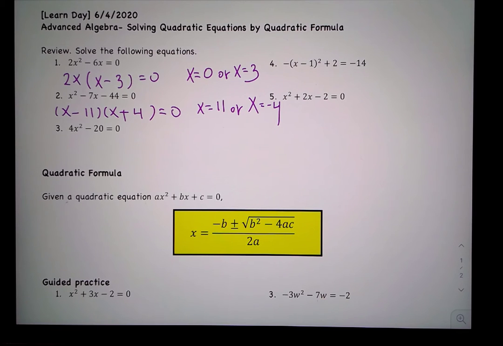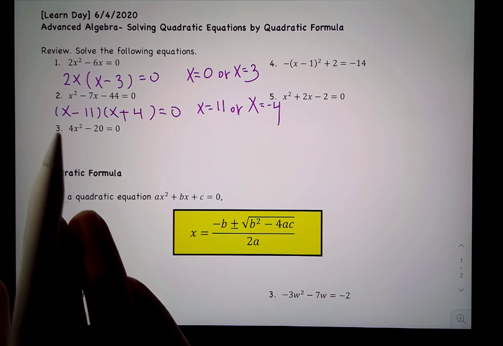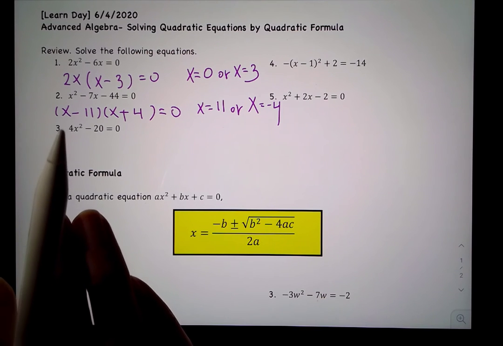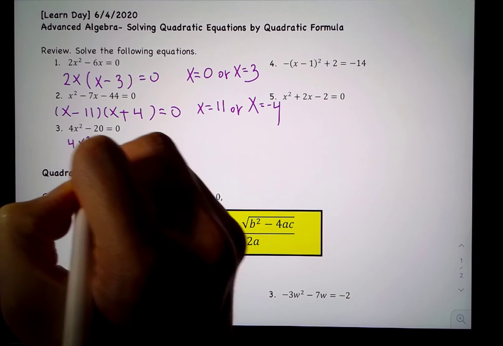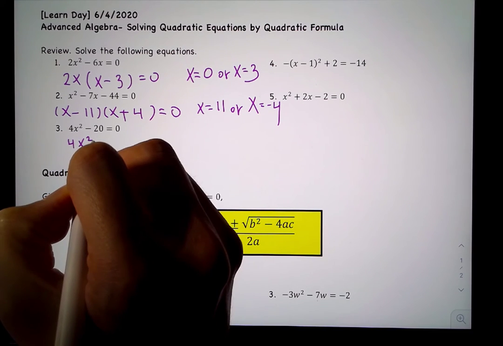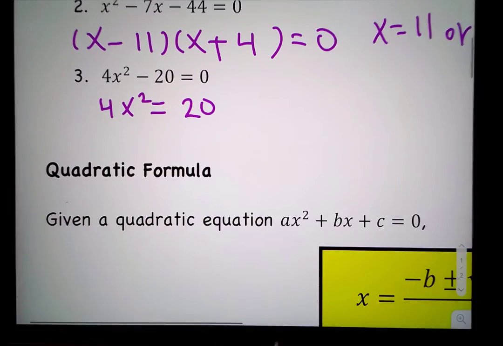And look at number 3. So this is yesterday's lesson, right? You don't have bx, you don't have b. So in that case, what? We isolate the square term and take the square root, right? So I'm going to do 4x squared minus, equals 20, right?